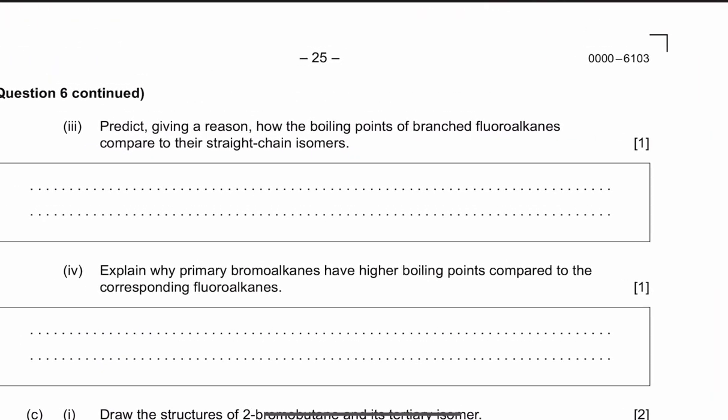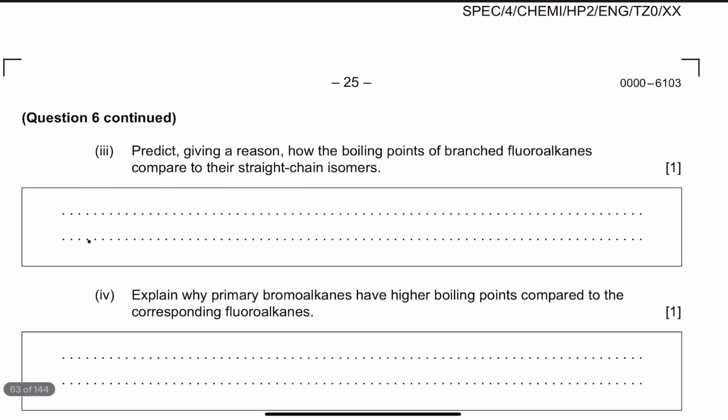Predict, giving a reason, how the boiling points of branched fluoroalkanes compare to their straight chain isomers, okay? This is pretty easy. We know that branched will have a lower boiling point. Why? The compact shape, right? Because straight chain maximizes the size, right? When we have branches, we're compacting the shape.